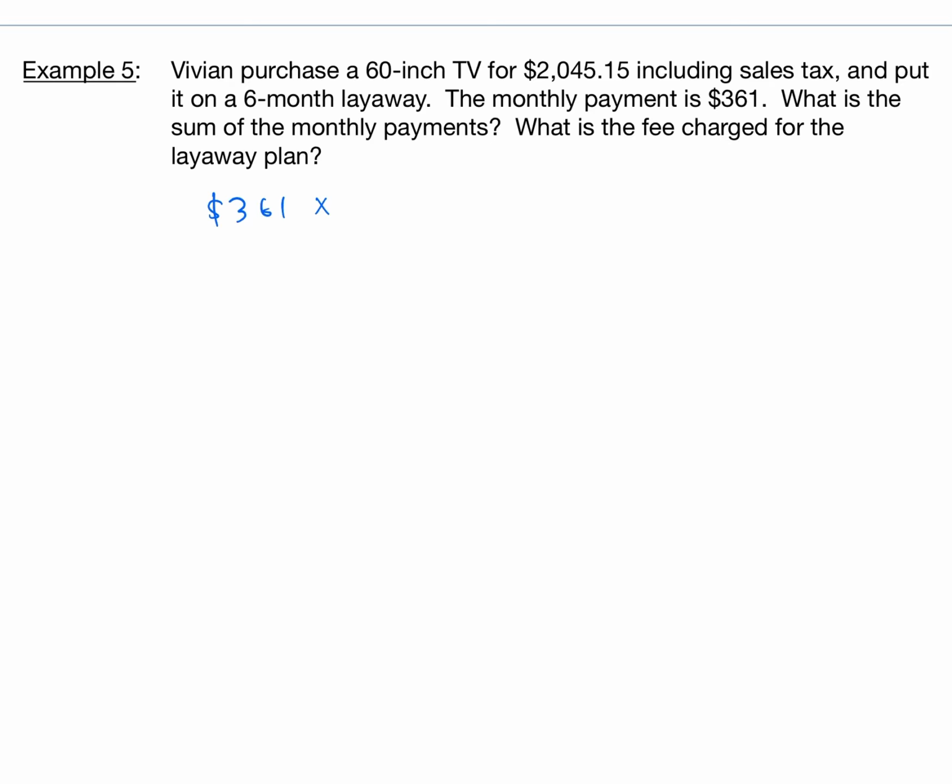Okay, so monthly payment of $361 times 6 months works out to $2,166. The original amount of the 60-inch TV was $2,045.15.